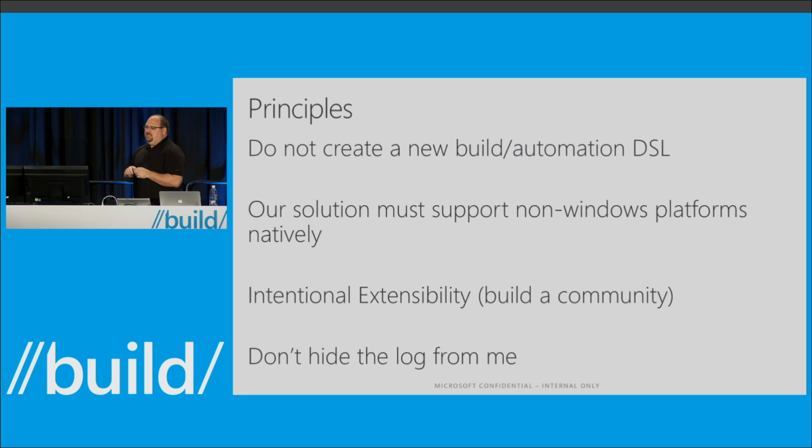So I wanted to change that sort of overall premise. We have to support non-Windows platforms natively. We must have a native cross-platform story. And we have that, and we will take a look at that. I wanted to have an intentional extensibility model, meaning some very straightforward way for you or some tool vendor or the community to create a new tool runner or task for the system and deliver it in a way that you can install into your server and make use of very easily.